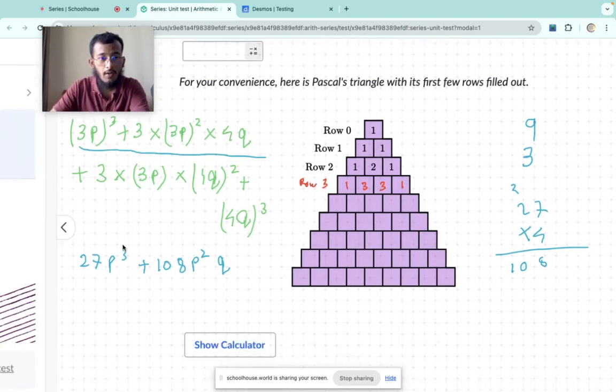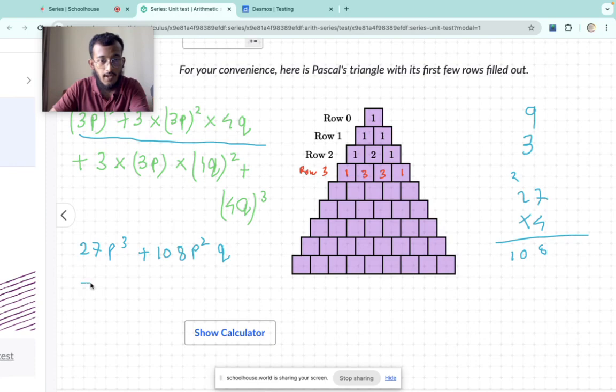Then for the last two terms, we have 3 into 3, 9. 9 into 4 squared. 4 squared is 16. So 16 times 9. 6 nines are 54, 9 ones are 9, plus 5, that is 14.